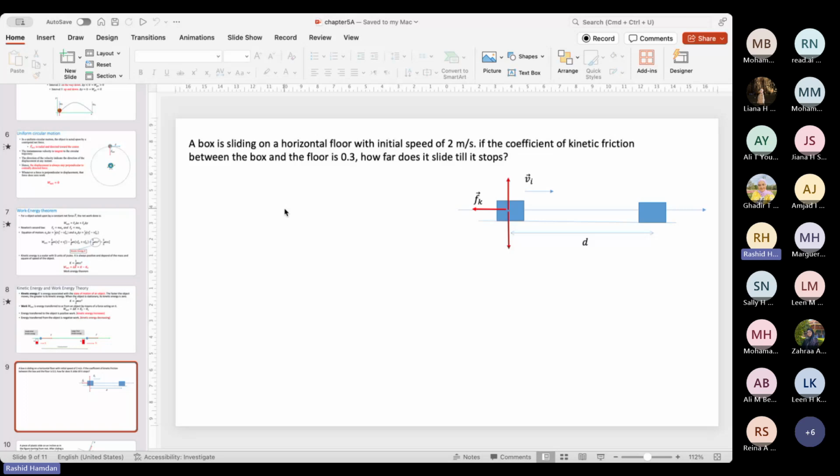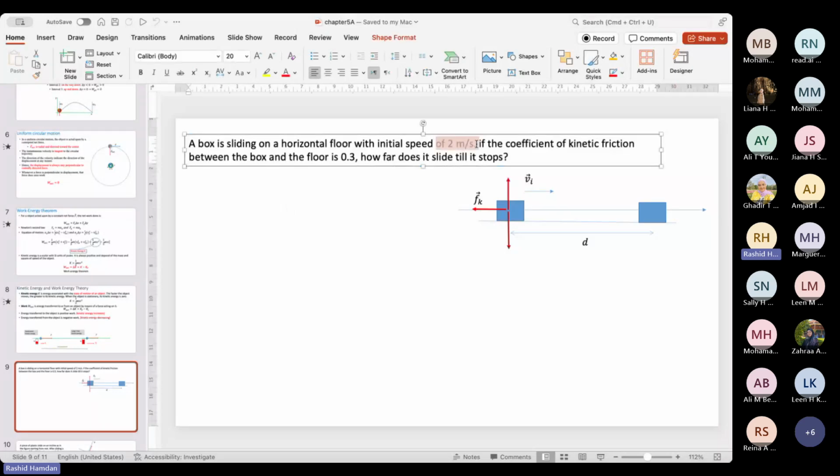A box is sliding on a horizontal floor with an initial speed of 2 meters per second. If the coefficient of kinetic friction between the box and the floor is 0.3, how far does it slide before it stops? So I took a box, or whatever object, and I pushed it on the floor and left it. So I'm not pushing it anymore. I give it an initial velocity of 2 meters per second and leave it on its own.